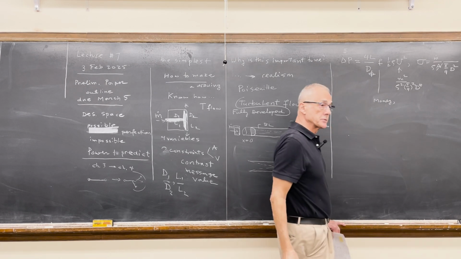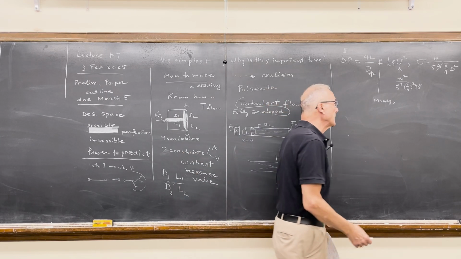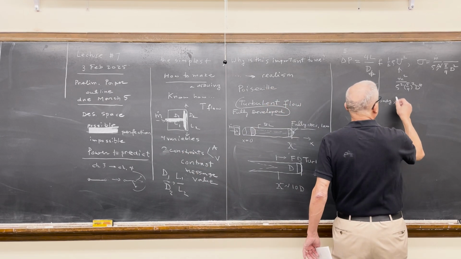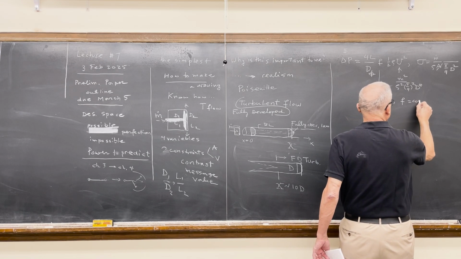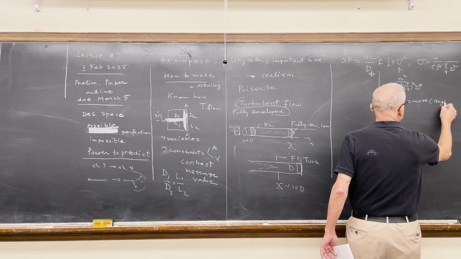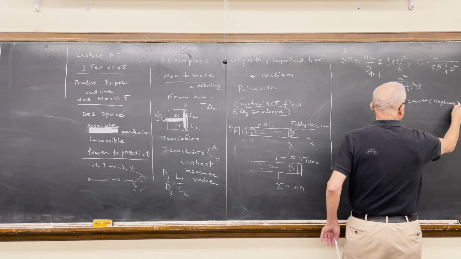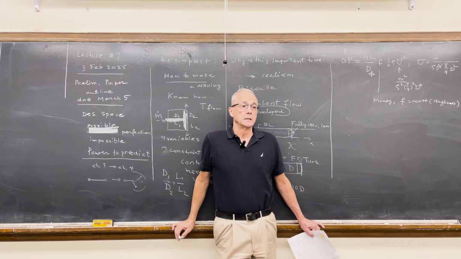The origin of which was in the work of Nikuradze and Prandtl in the 30s. For turbulent flow, this F is a constant that depends on roughness, the roughness of the internal surface of the duct.